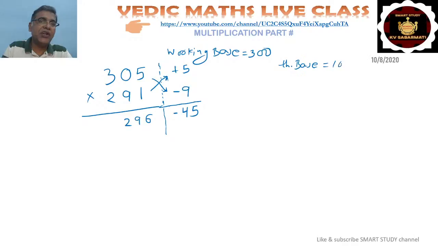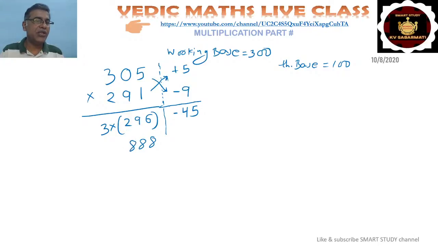Theoretical base is 100 and my working base is 300. So 300 is 3 times more than 100, so here I will multiply by 3. Multiplication is very easy: 3 6 is 18, 8 and carry 1, 3 9 is 27, 28, 8 and carry 2, 3 2 is 6, 2 is 8.